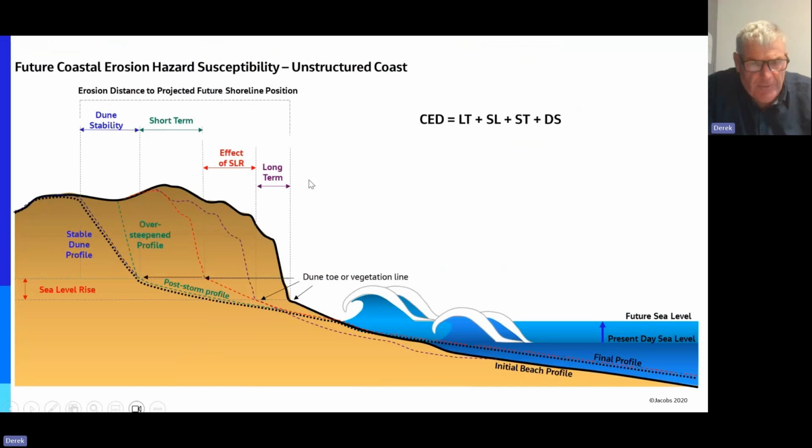In our long term, how we measure that is we look at aerial photography and look at where the beach was relative to where it is now, and look at different rates at a very tight density of around every 50 to 100 metres along the coast. Those aerial photos go back 70-odd years. So we're looking at the rate of change over the last 70 years, and then extrapolating that to the future.